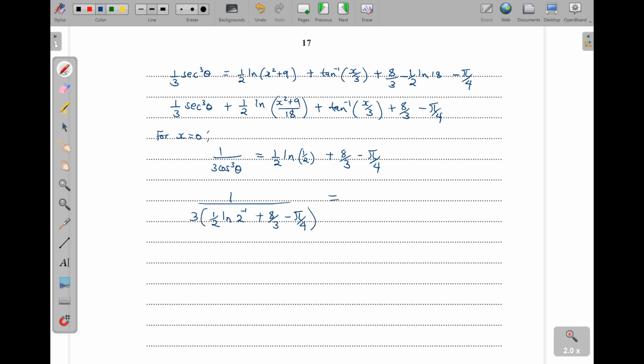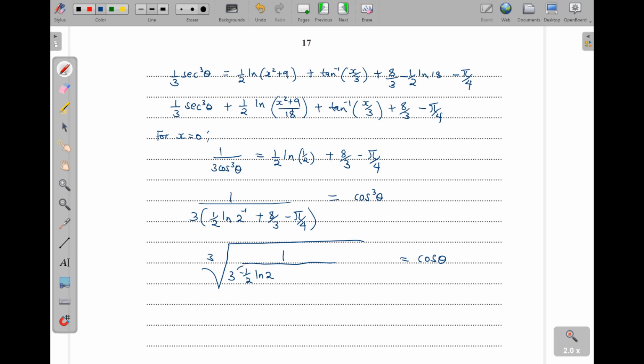Then this one will be equal to the cosine cubed of theta. Then from there, we take the cube root. So the cube root will give us the cosine of theta of 1, then divide by that. If I bring this one here, it will be a negative. So negative half natural log of 2.